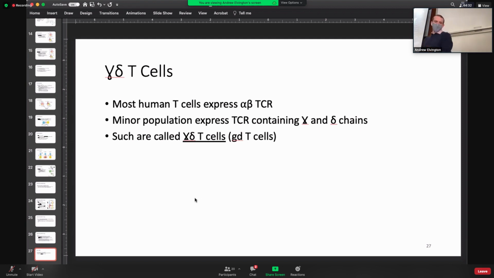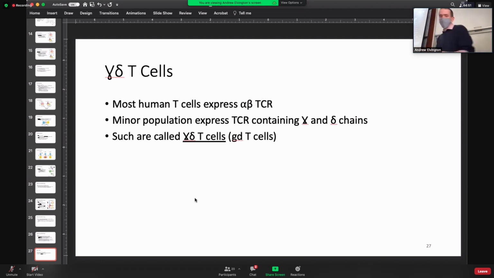So we spent all of our time at this point talking about alpha beta T cells. There's a collection of T cells that are called gamma delta.